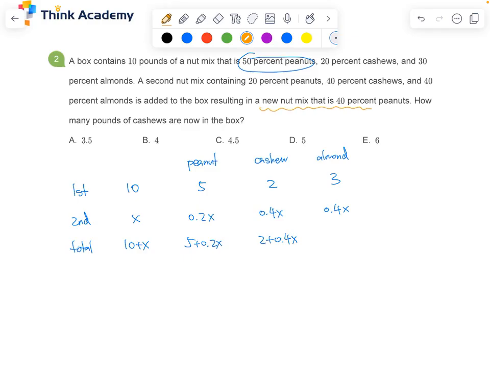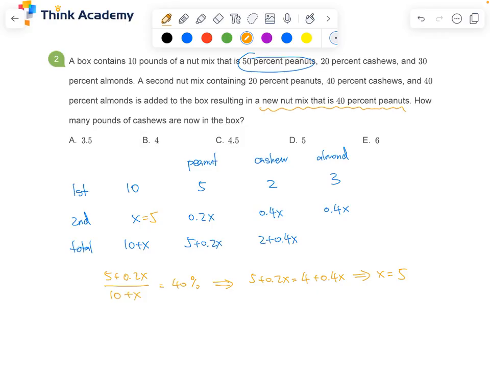The new nut mix, which is the total, would have 40% of peanuts, saying that 5 plus 0.2x over the new mix, which would be 10 plus x, would be 40%. Okay, we can solve for this equation. So this would be 5 plus 0.2x equals 4 plus 0.4x. So basically, x would be 5.